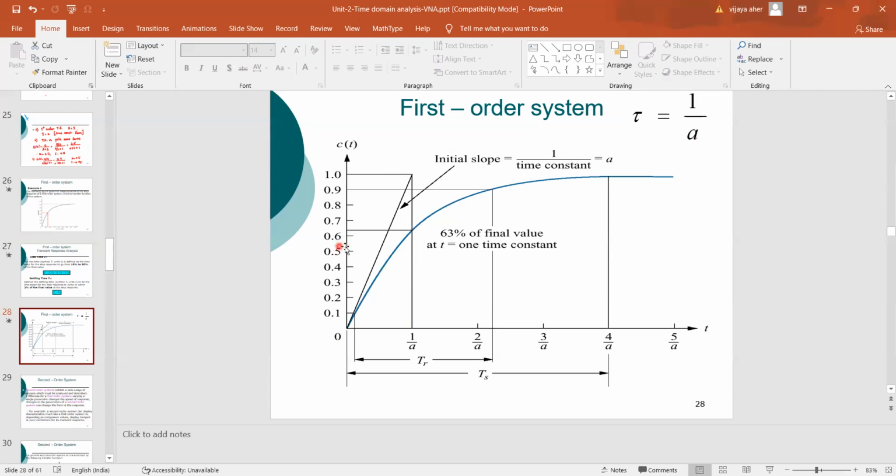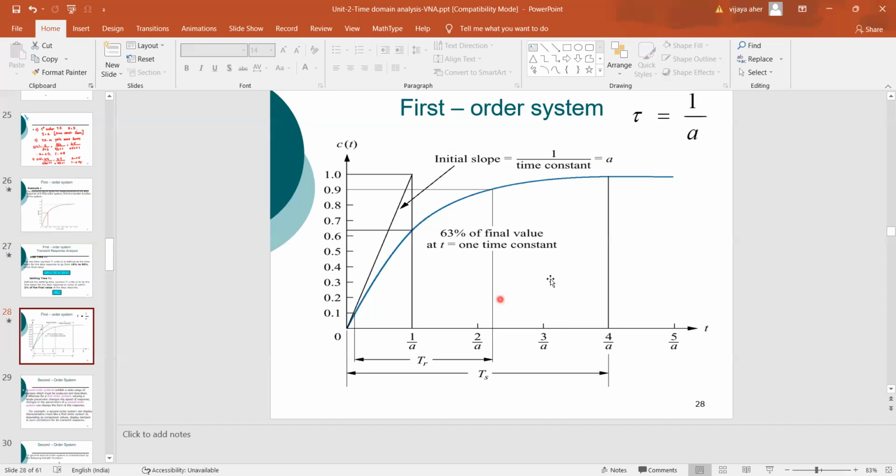If you take the projection, at T equal to tau, where tau is 1 by A, your system response reaches 63% of its final value. That T is one time constant. Then the second time constant is 2 by A, the third is 3 by A, 4 by A, 5 by A, and so on.